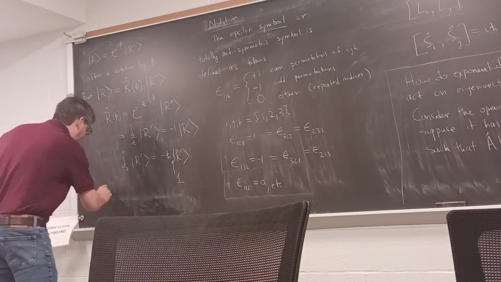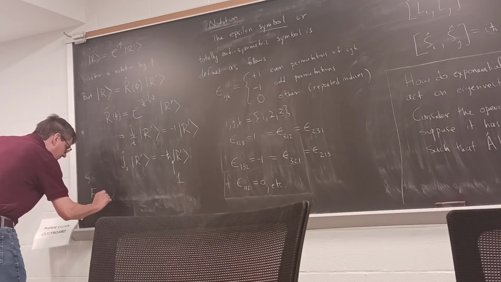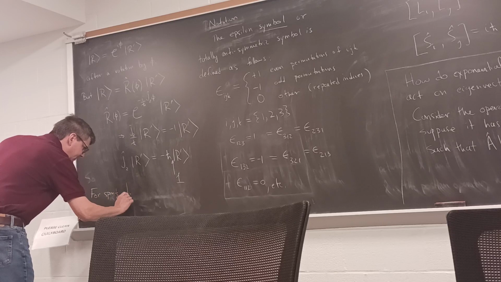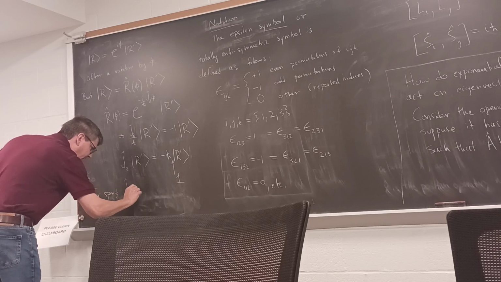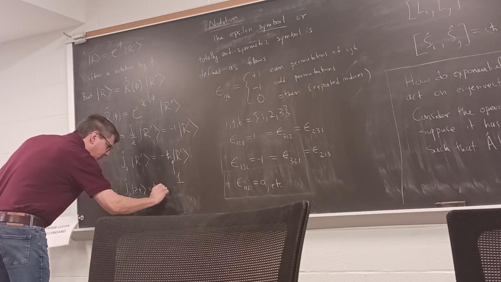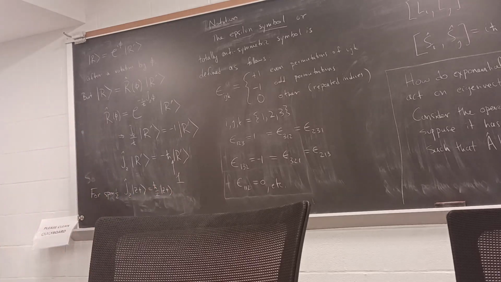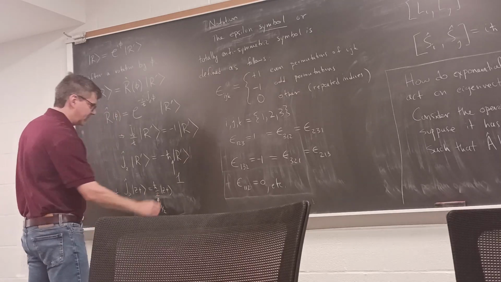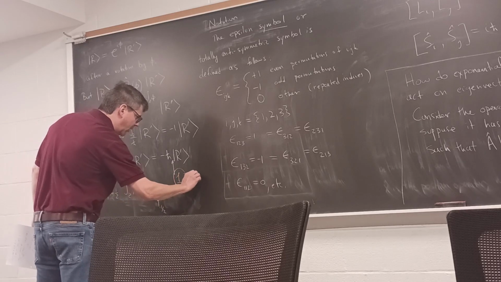So for spin 1/2, we had Jz operating on z plus gave us h bar over 2 z plus. Right? There's a half here. So this 1 here means it's a spin 1 particle.